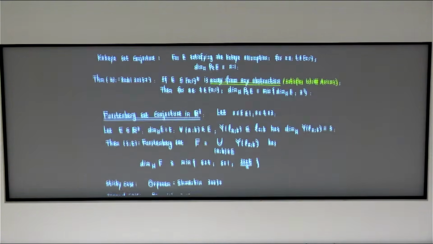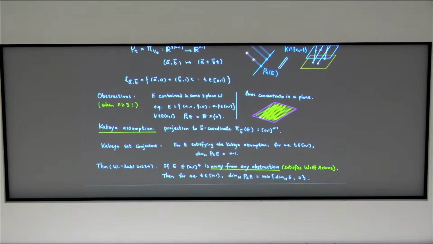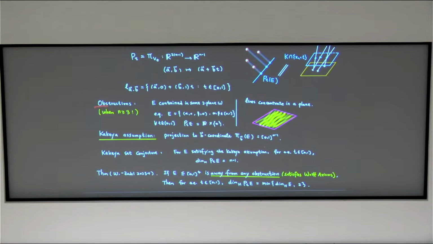So before I move on to this topic, let me just point out that when I say obstruction, meaning that E is contained in some two-plane of this form, such an obstruction only exists when the dimension is greater or equal than 3.